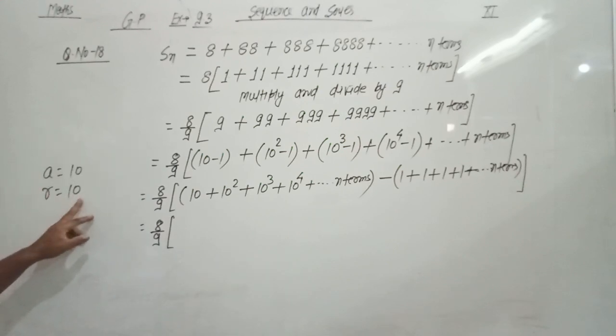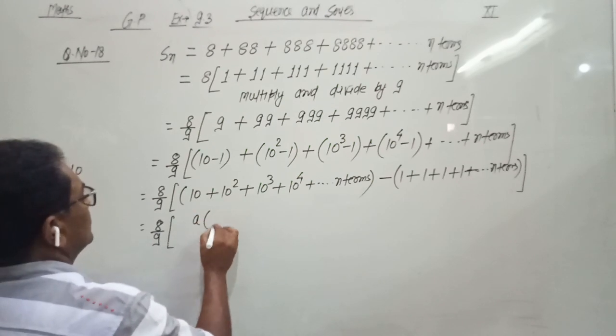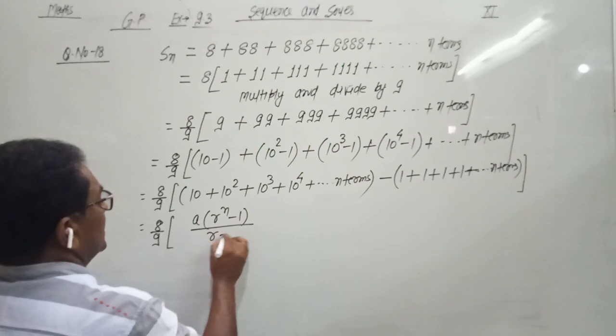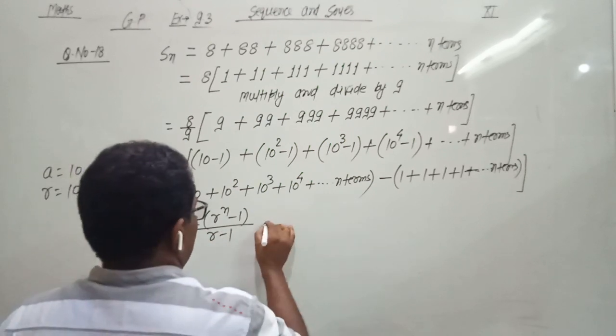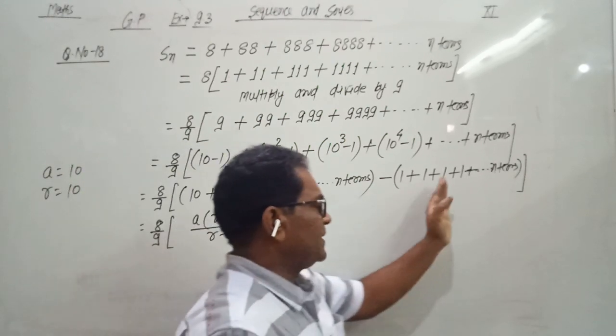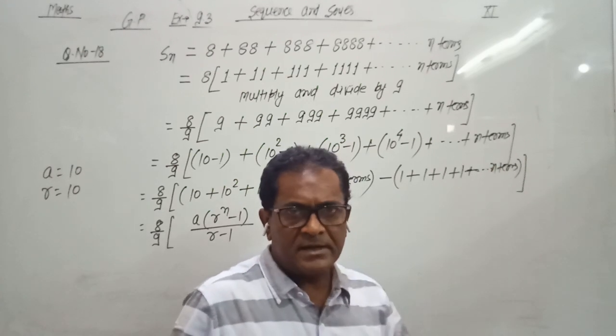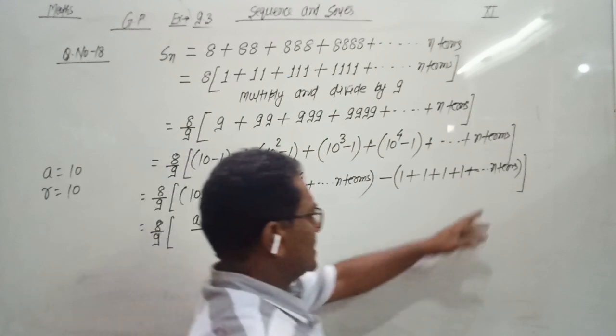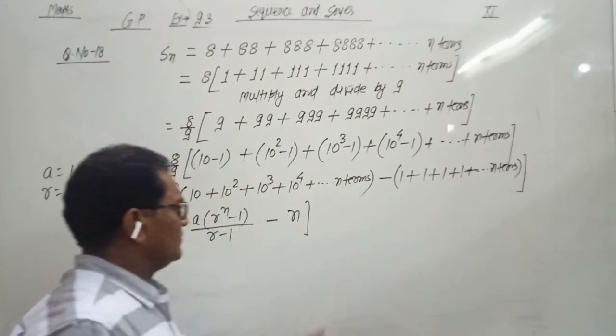And R is greater than 1. So we use the formula A into R raised to the power n minus 1 upon R minus 1. And minus 1 plus 1 plus 1 up to n terms becomes n, n multiplied by 1, we get n.